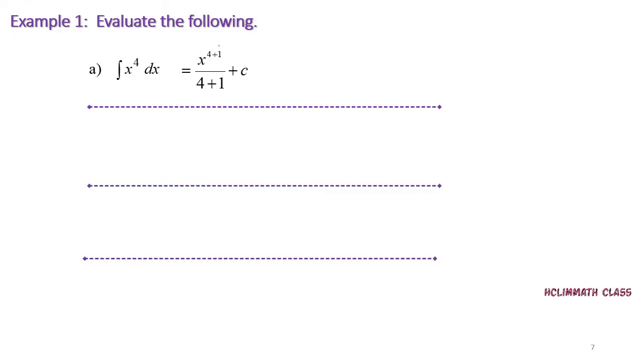We add the power first and we divide by the new power. So we will have the answer of 1 over 5 x to the power of 5 plus c. Since this is an indefinite integral, that means there are no limits here, so you must remember to add the constant.